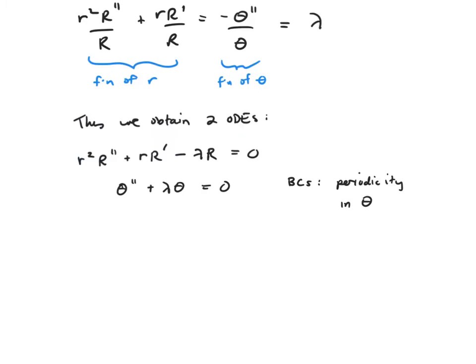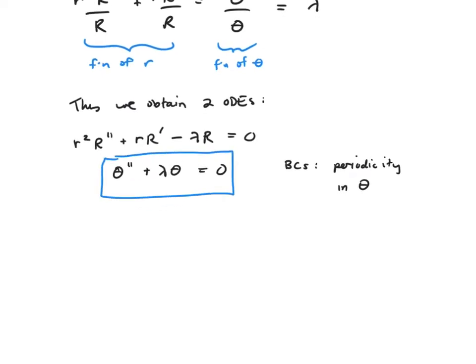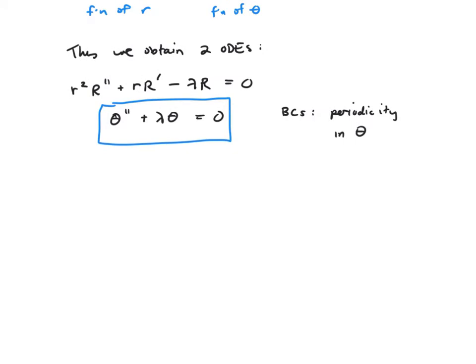All right, so let's take this one on. Let's grab theta. This one's not so bad. Looks like our usual problem. We've been here lots before. Theta double prime plus lambda theta equals 0. And we've got the periodic boundary conditions, and I'm going to make it periodic at 0 and 2 pi. That's where I'm going to match the boundary.